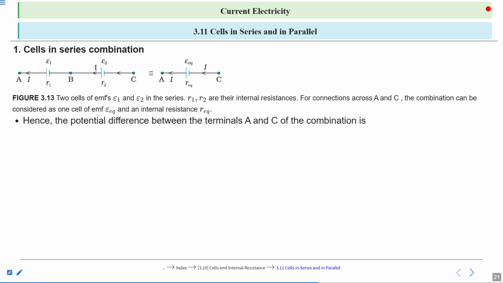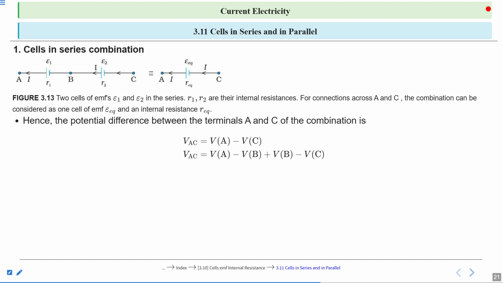Hence, the potential difference between the terminals A and C of the combination is calculated using VAC equal to VA minus VC. This is the potential difference across both the cells.